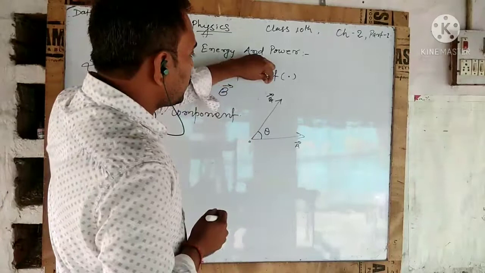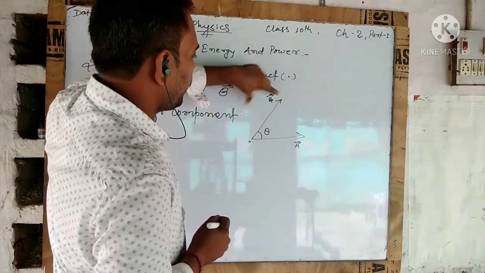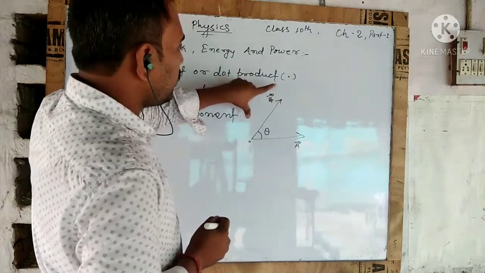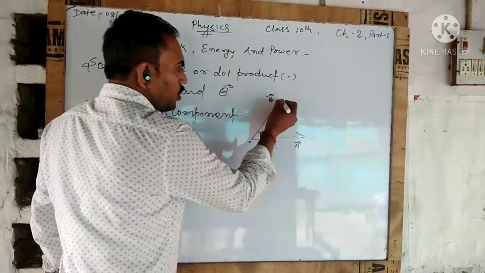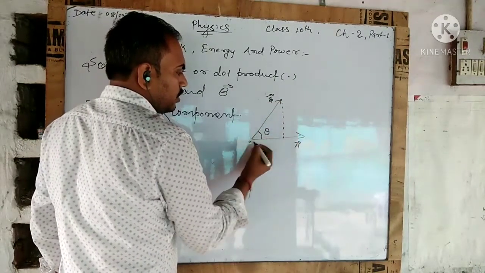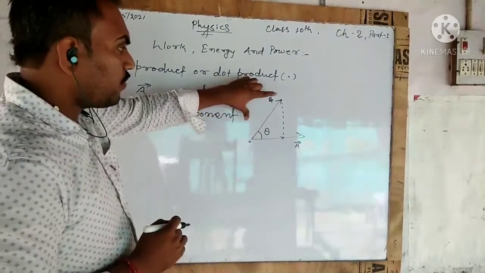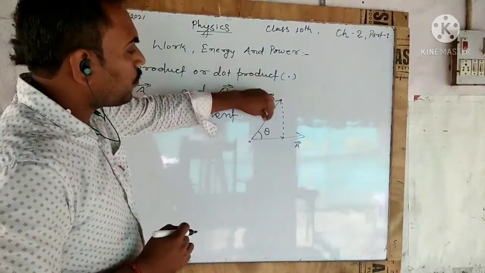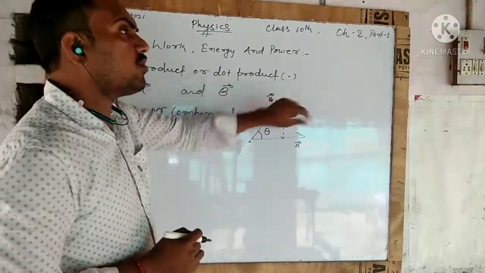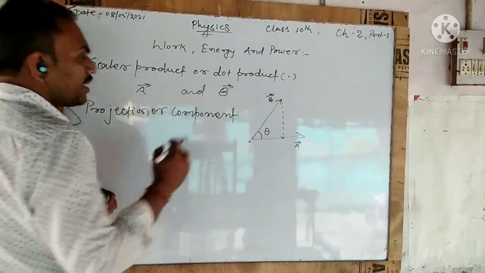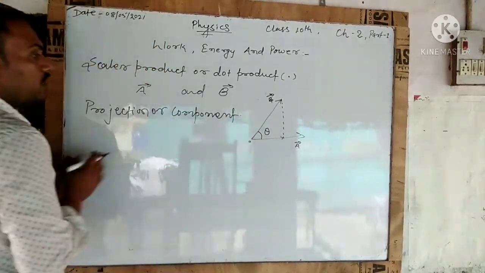If I am taking a torch and lighting it from up on vector B, the shadow of vector B falls on vector A, meaning in the direction of vector A. That will be equal to the magnitude of projection or component.